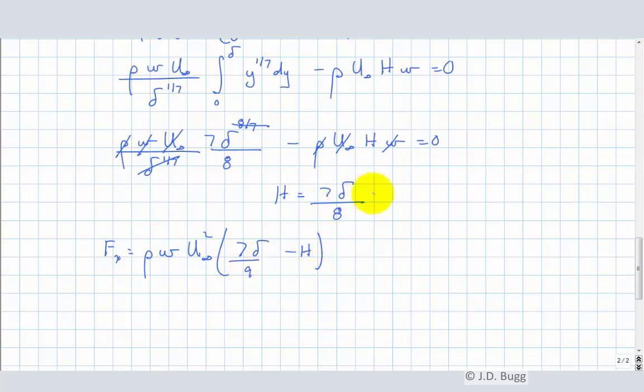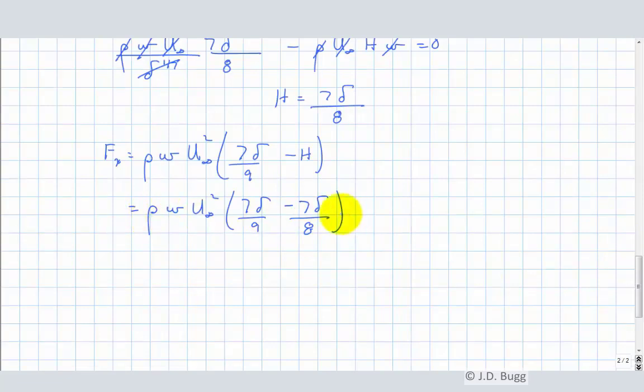We're going to take our expression for h and put it in there. So this is rho w u infinity squared times 7 delta over 9 minus 7 delta over 8.